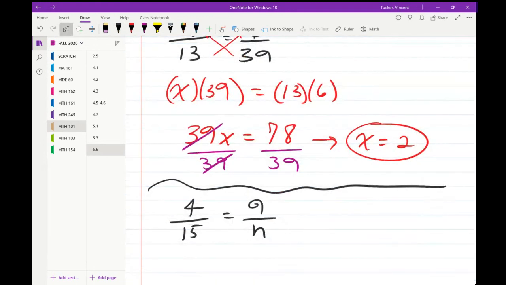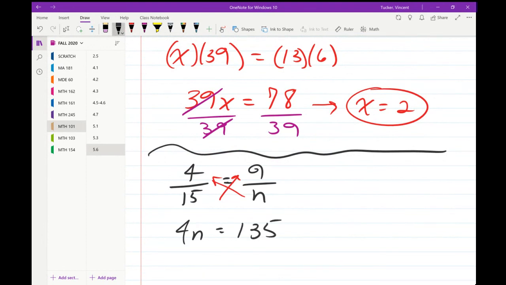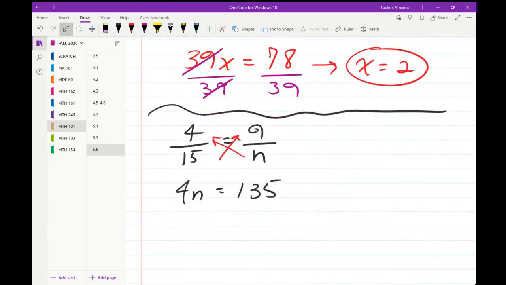All right, so 4/15 equal to 9 over n. Cross multiply. It's 4n. 15 times 9 is 135. Divide by 4.